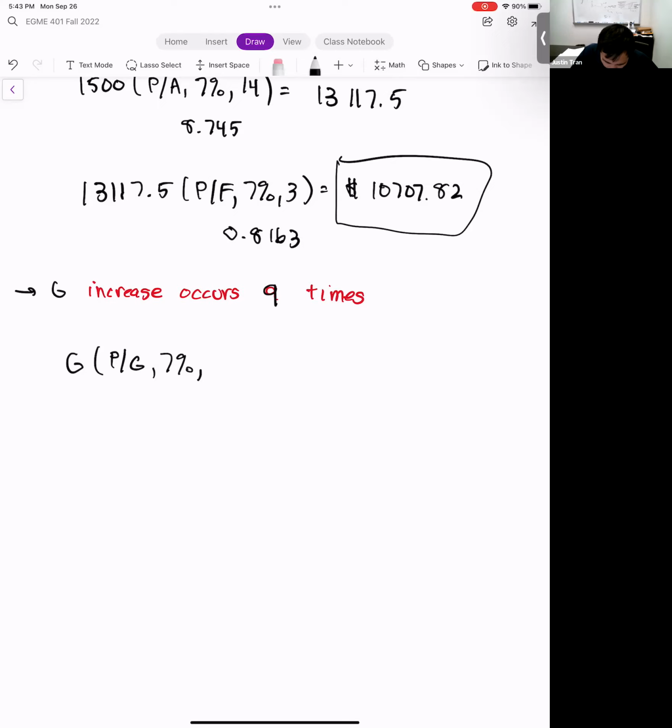But remember, we have to be careful here because the gradient is actually quite special, because the N that you put for the gradient is not the number of times that you see it occurring. It's the number of times you see it occurring plus 1. And remember that plus 1 is because we assume that this only represents an increase.